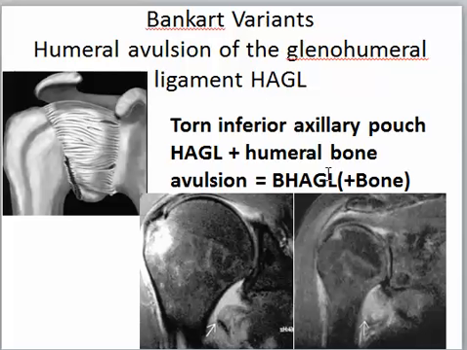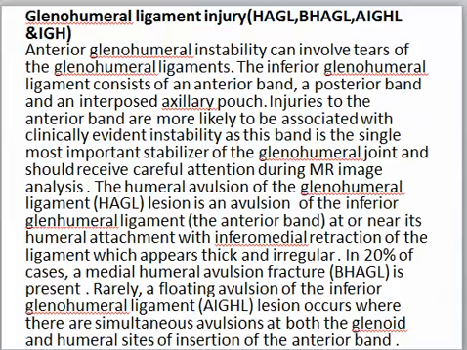The inferior axillary pouch, if it is torn from the humeral attachment, is called HAGL, and if there is bone involvement with it, it's called bony HAGL.